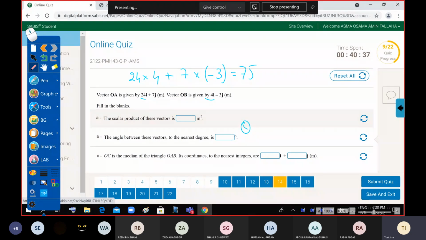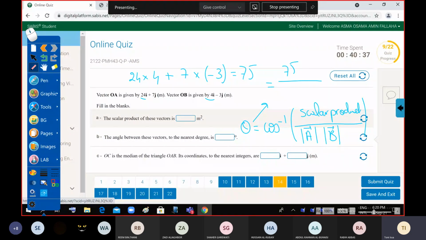Remember, the angle theta is equal to cosine minus 1 of the scalar product over the magnitude of the first vector, radical 24 squared plus 7 squared, times radical the second vector, 4 squared plus minus 3, all of it squared.